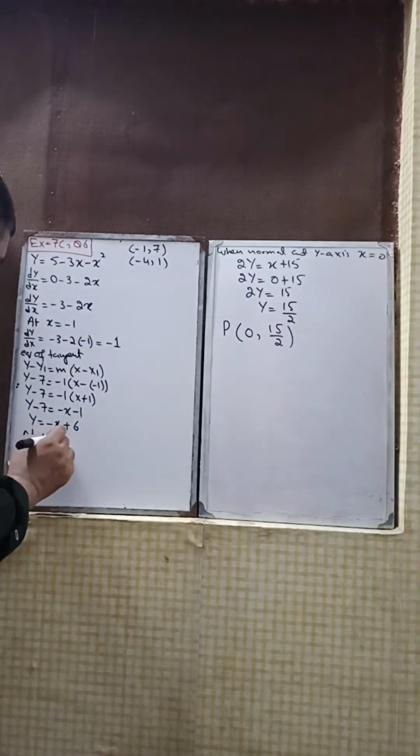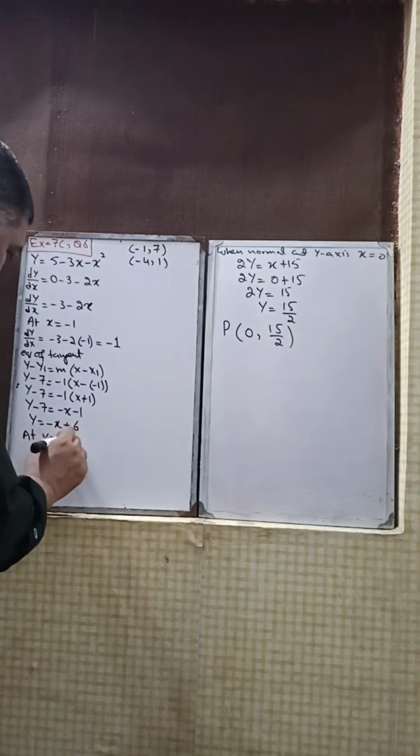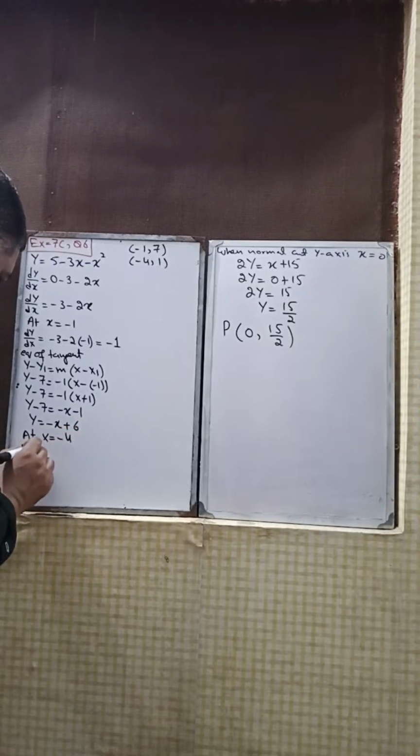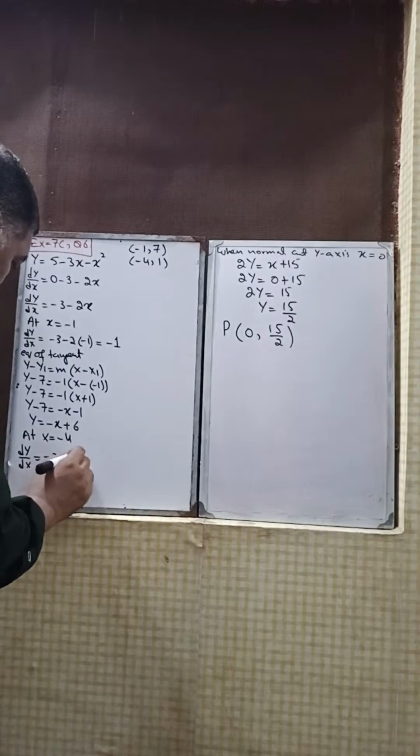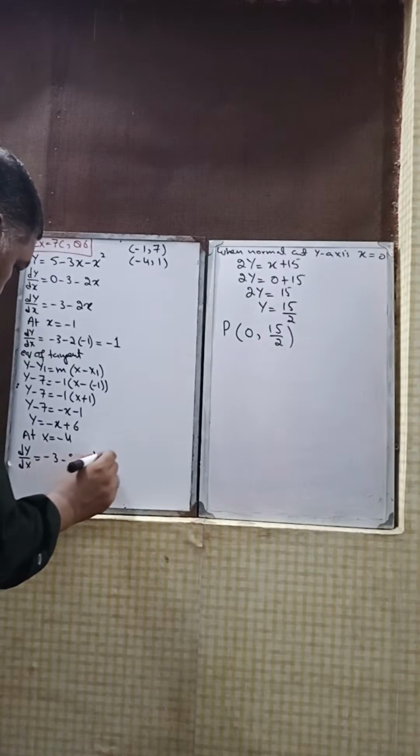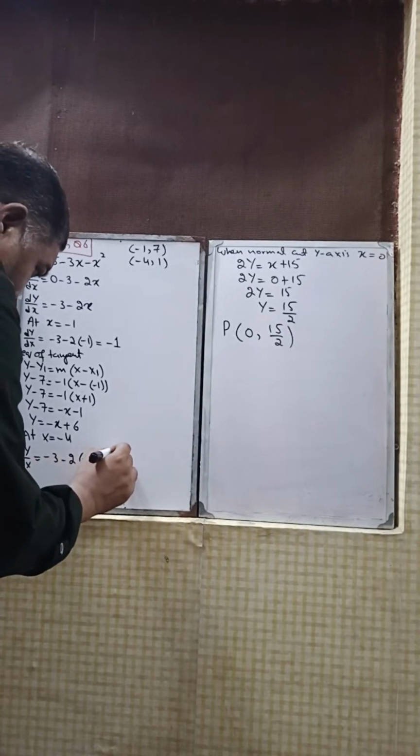Now at x equals -4, I will again find the gradient. The formula gives -3 minus 2 into -4, which becomes -3 plus 8, so it becomes 5. Now we have to find the equation of the tangent.